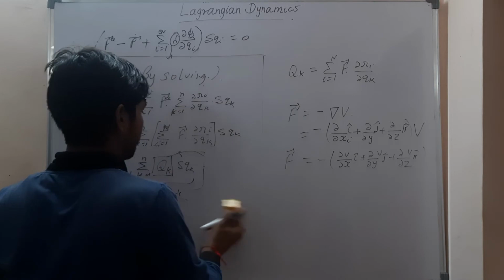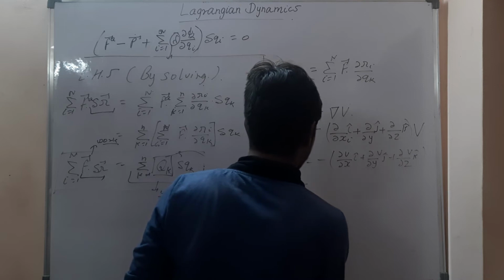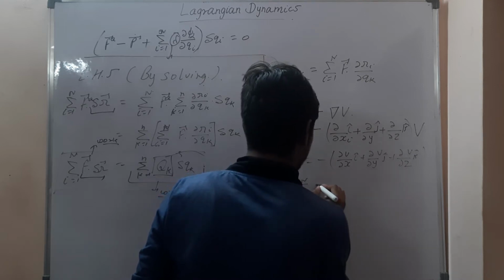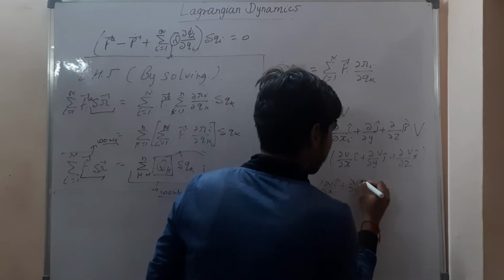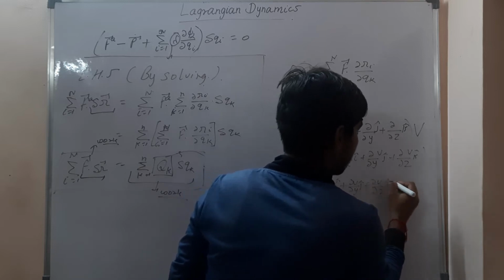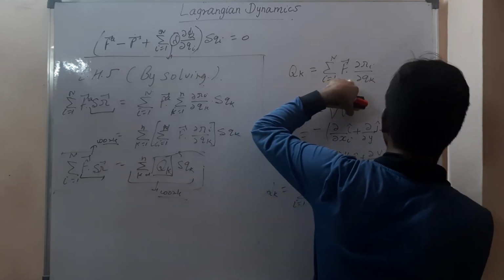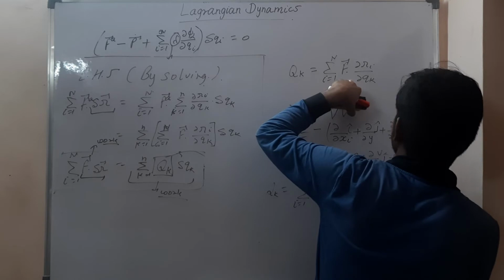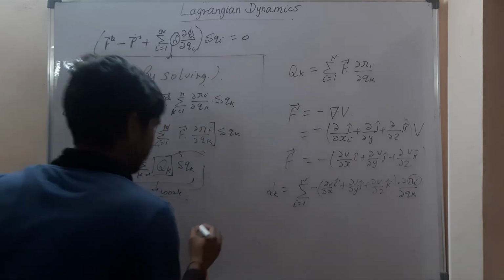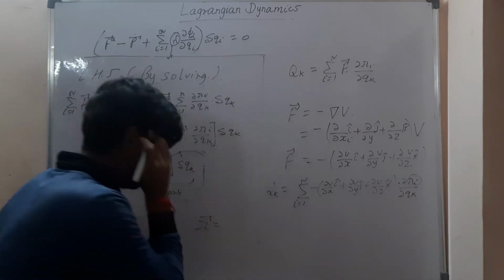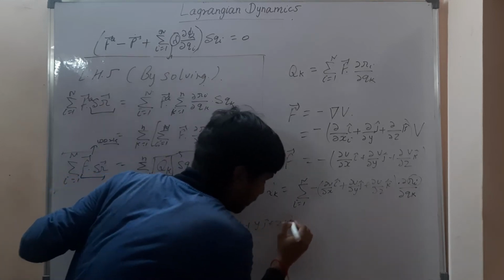If I keep it here in this equation, because we are solving the generalized force equation, Q_k is equal to, we will get, sum from 1 to capital N of del V by del x i cap plus del V by del y j cap plus del V by del z k cap, dotted with del r_i by del q_k. Now r is a vector, and that's why I want to show it in x, y, z coordinates, so it will be x i cap, y j cap, z k cap.